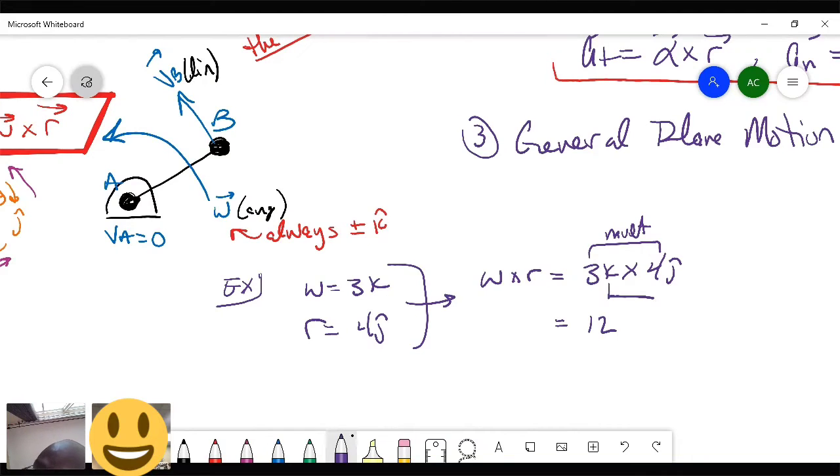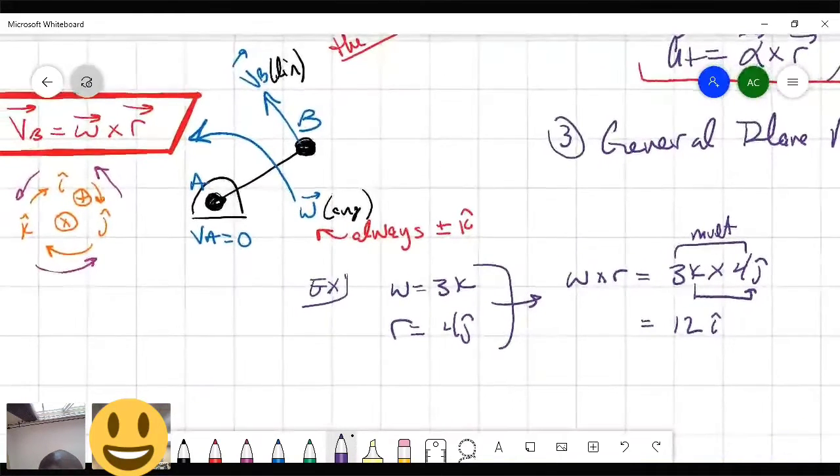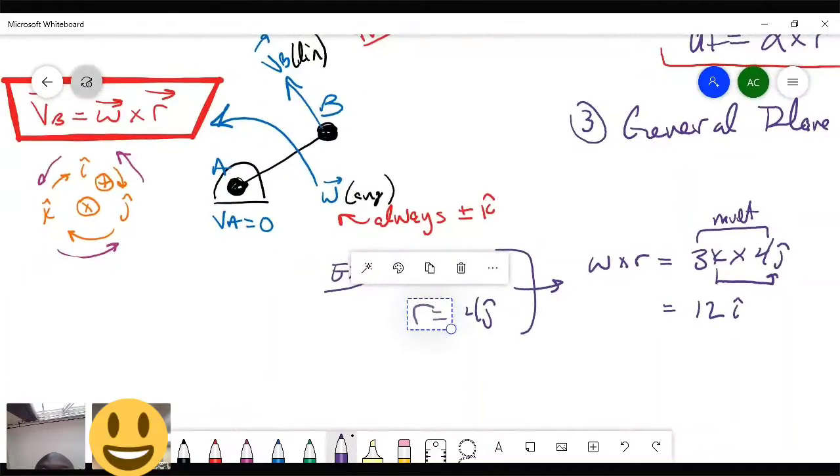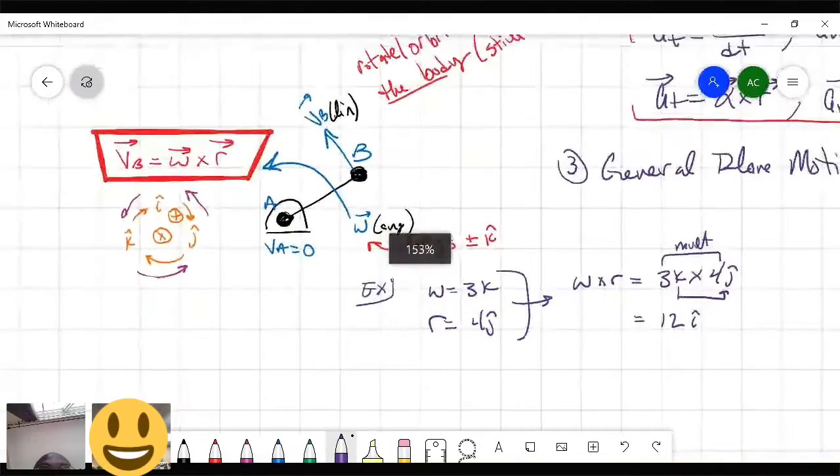But then you have to do K cross J. What's K cross J? Think about it. If you have a sheet of paper, do it for yourself, because you've got to be able to think on your own. I mean, wouldn't it just be I? It would be I, but then we're going in what direction? Is that random example going off that diagram right there? No, this is completely random.